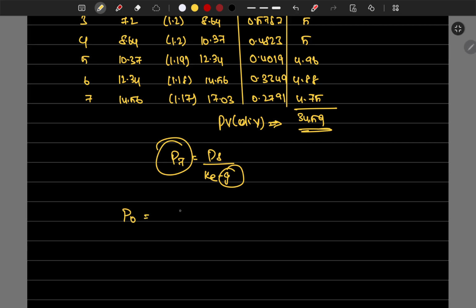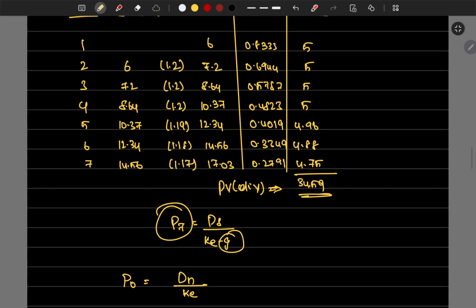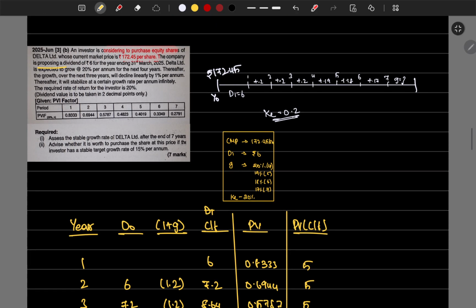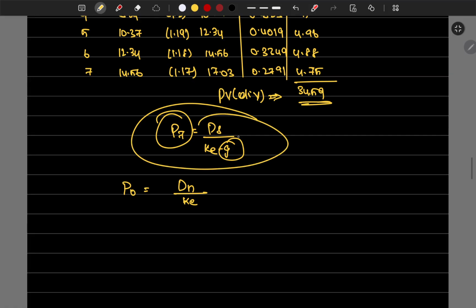We usually use Dn divided by KE, but this is not the infinite problem, it is a finite-period problem. To calculate P7 we'll be using this formula, but here we don't know the P7 value.